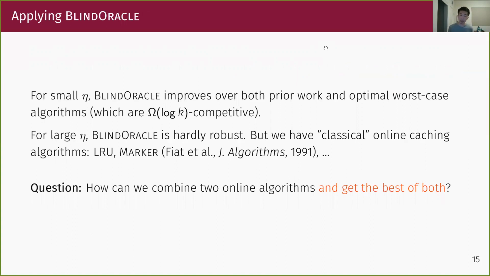So this is like LRU, marker, equitable, and so on. And so if we want to use blind oracle when the eta is small, and these worst case robust algorithms when eta is big, we have to figure out a way to combine the two algorithms and somehow get the best of both of them.